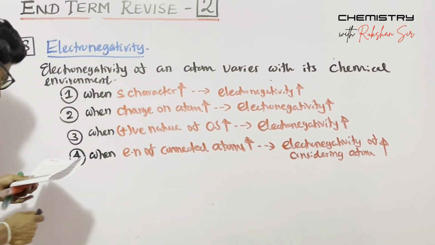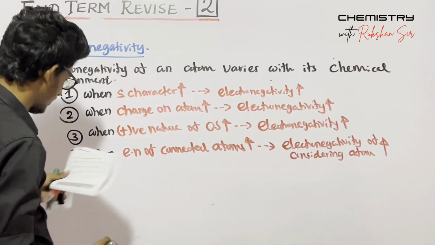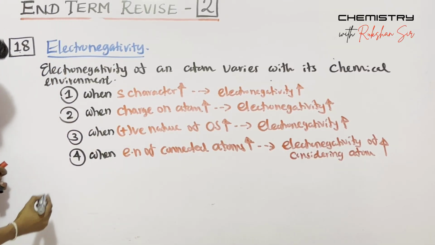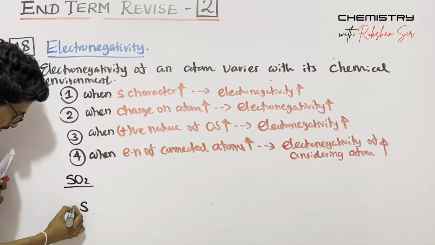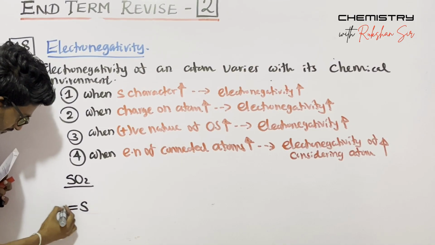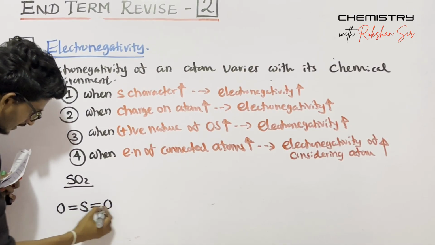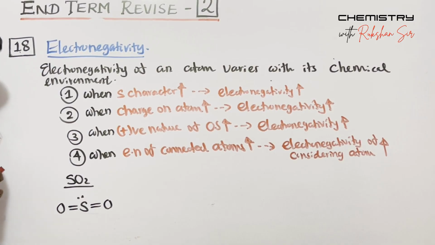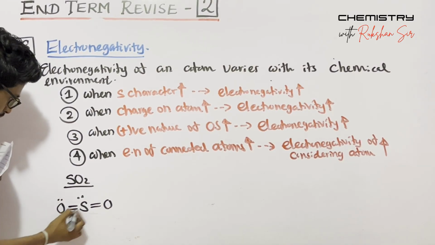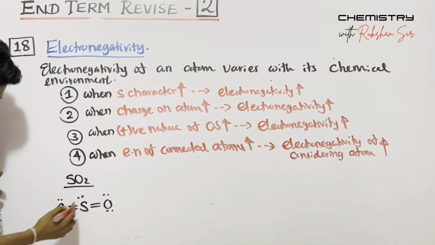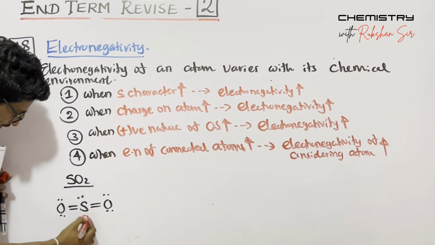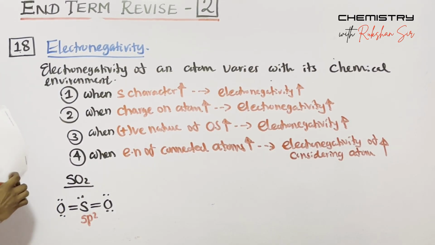So we are with SO2, SO3, and SOCl2. First, SO2. I'll just write the Lewis structure, that is enough to get the answer. This is SO2. It is with 1, 2, 3, sp2 hybridization.